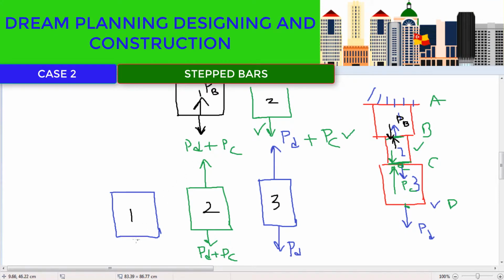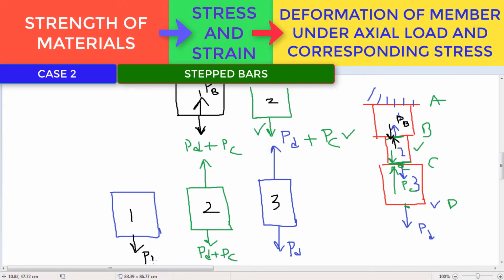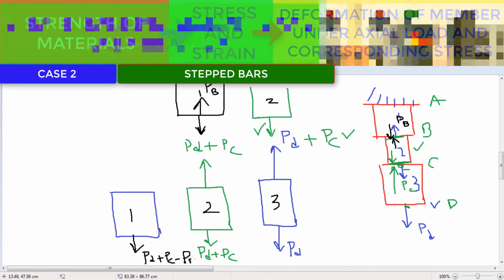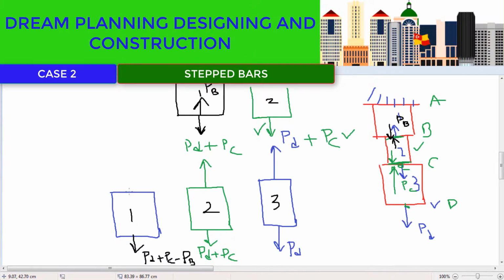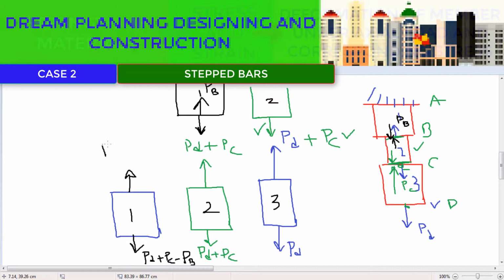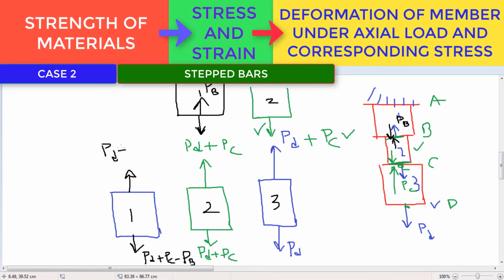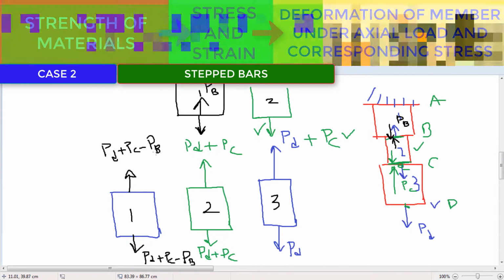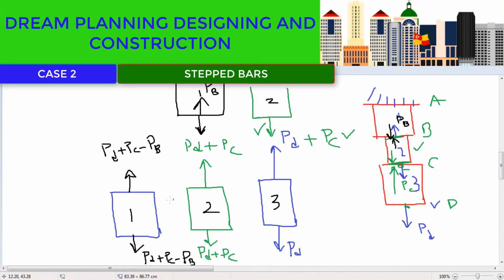So we denote it in this direction: PD plus PC minus PB. The equal and opposite force acts on the opposite side, that is the same, PD plus PC minus PB. So here we get each member force.